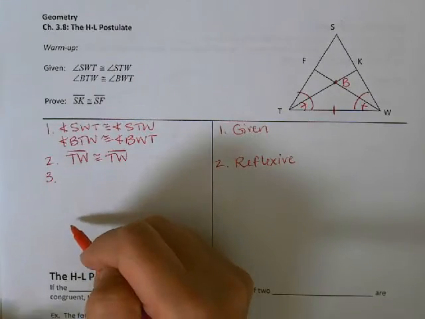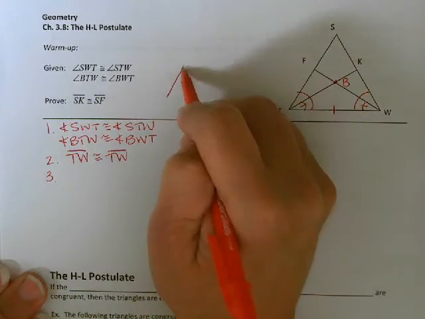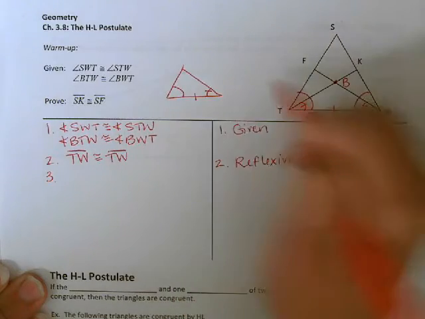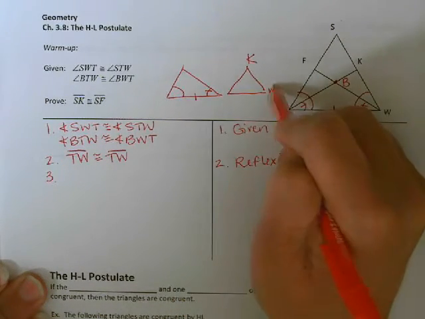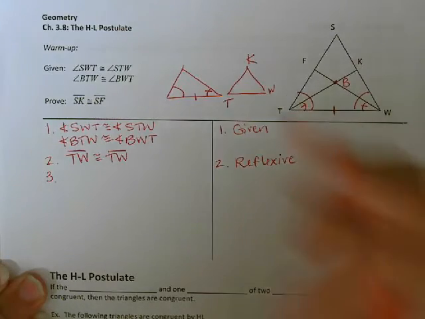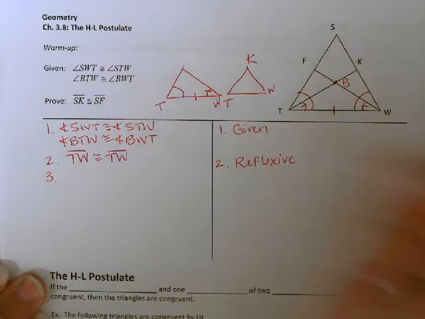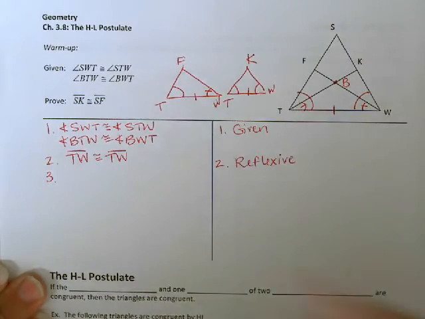And then next, if I were to separate them out, you would see that those two overlapping triangles on the bottom are going to be congruent by angle side angle.